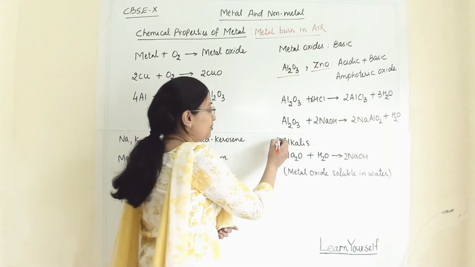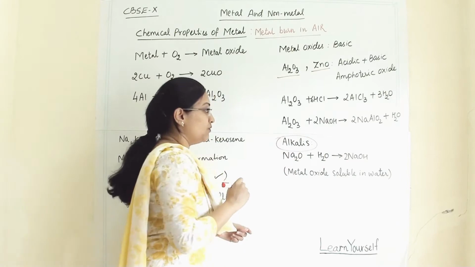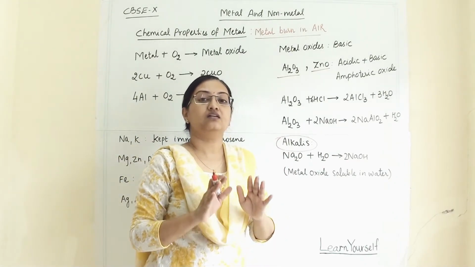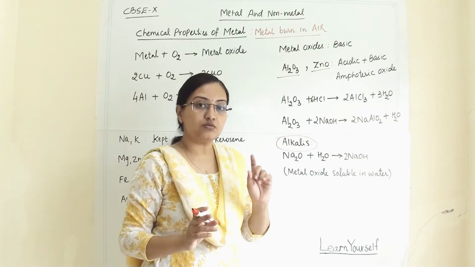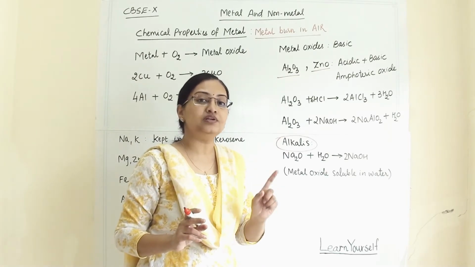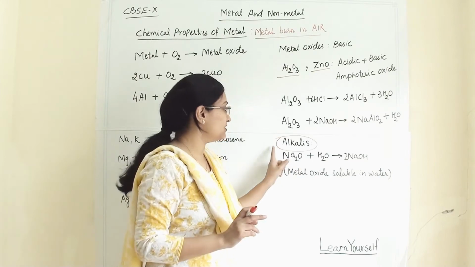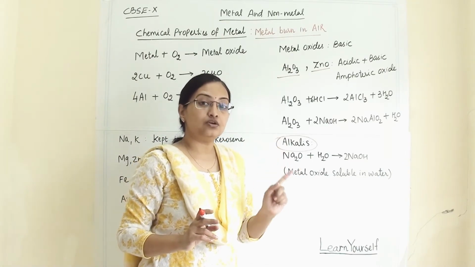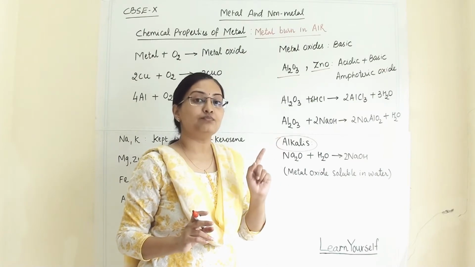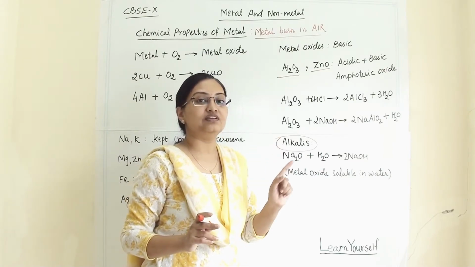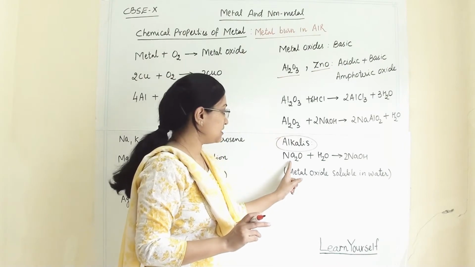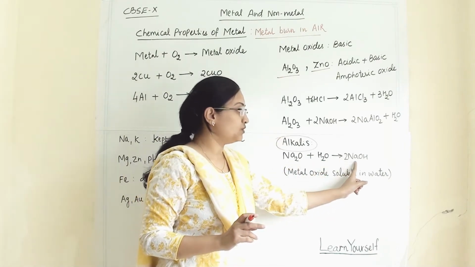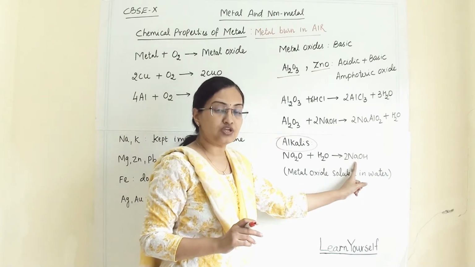Now another important term is alkali. All metal oxides are insoluble in water, but some metal oxides are soluble in water, and they are termed alkali. When a metal oxide dissolves in water, being basic in character, it will give us a base. For example, sodium oxide, when it reacts with water, will give us a base, that is sodium hydroxide.